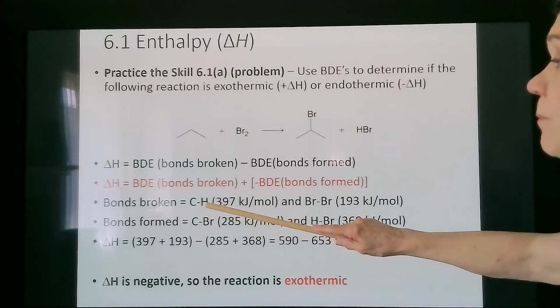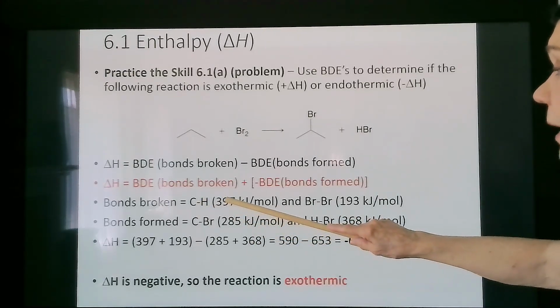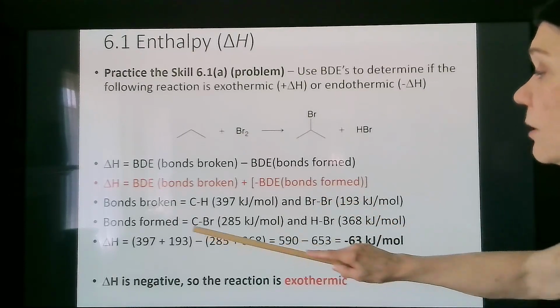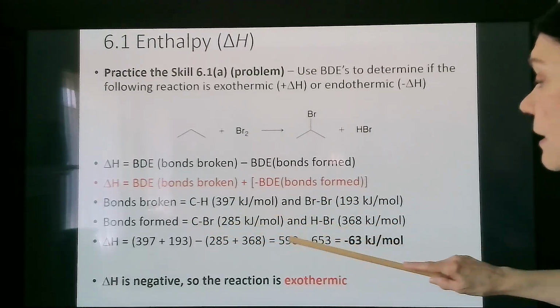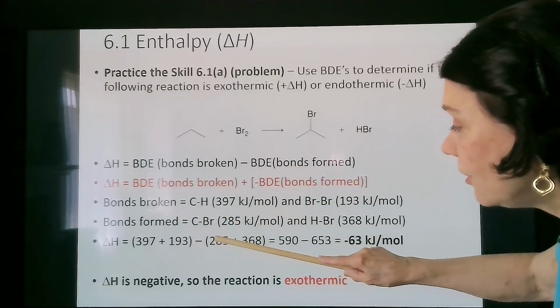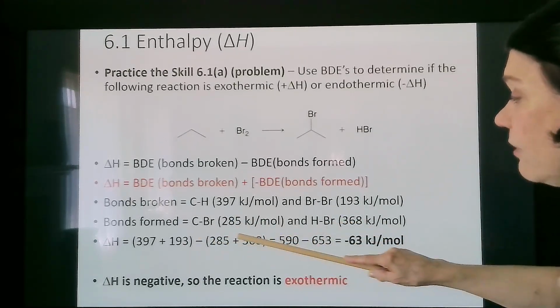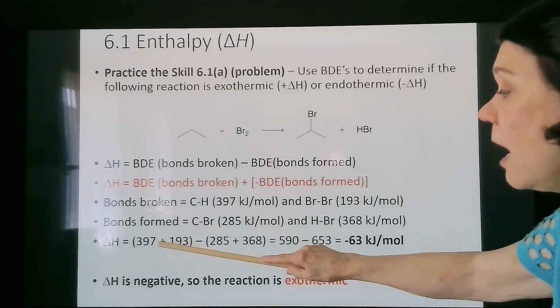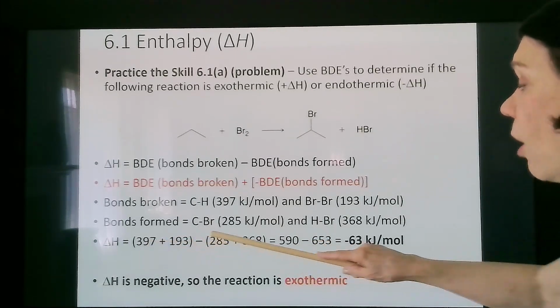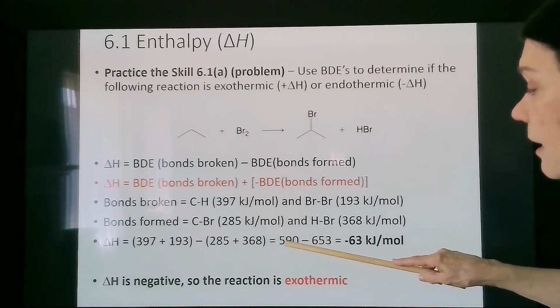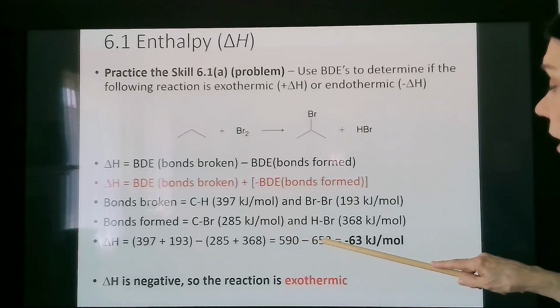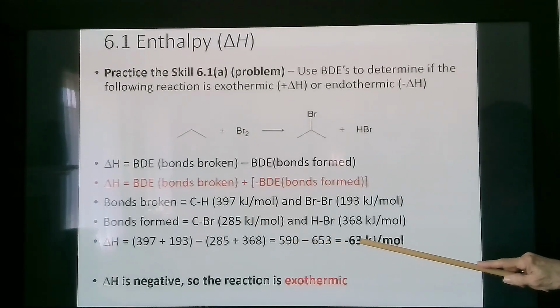So once again, the bonds broken are going to be positive. The bonds formed are going to be negative. So you have the negative sign here that will go in front of this, and the negative sign goes in front of this. And then you simply add the whole thing up together. It's the equivalent of 590 minus 653, and that equals minus 63, which is exothermic.